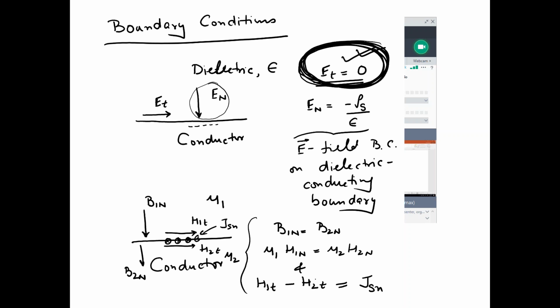But the tangential component of the electric field has to be zero gives me a very, very interesting boundary condition. So most of the time, we are going to look for using this boundary condition.